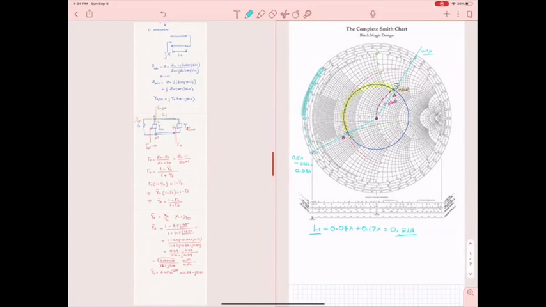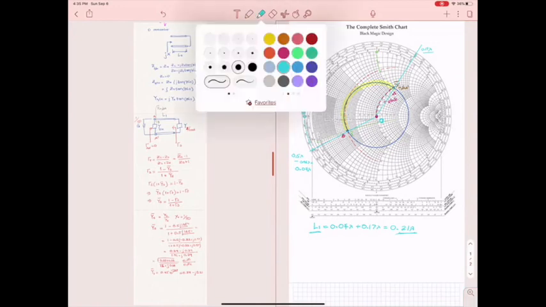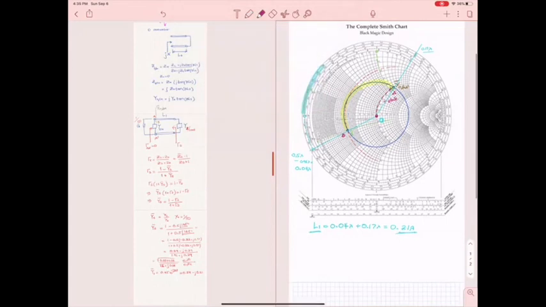Point A is where, in fact, I can say that I'm moving from the center O, which is the matched condition, to this point A. Okay, I have to see how much is the reactance that this stub adds. So to find the reactance of this red line, which I'm going to show like this, look at this one. This corresponds to pure reactance. This is exactly what the stub adds.